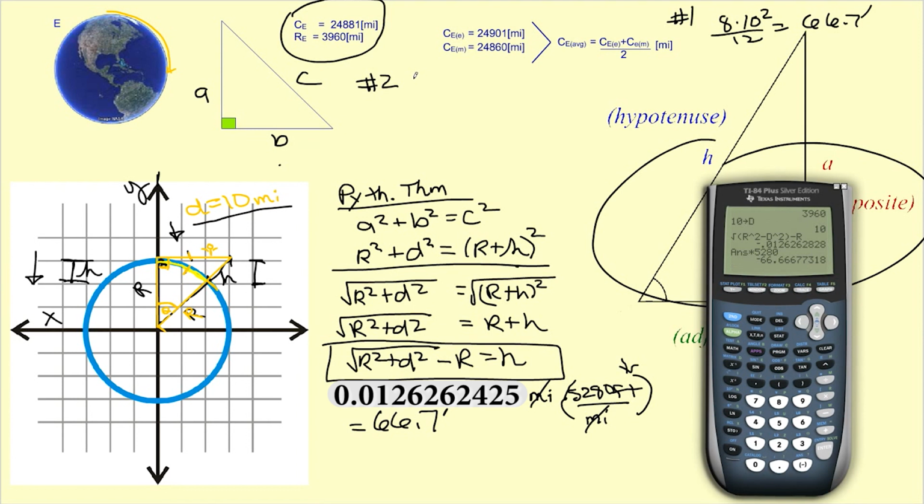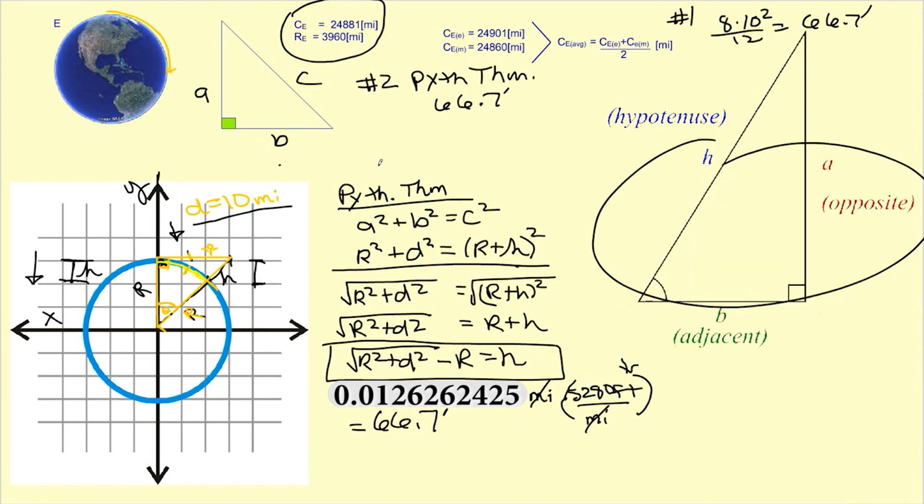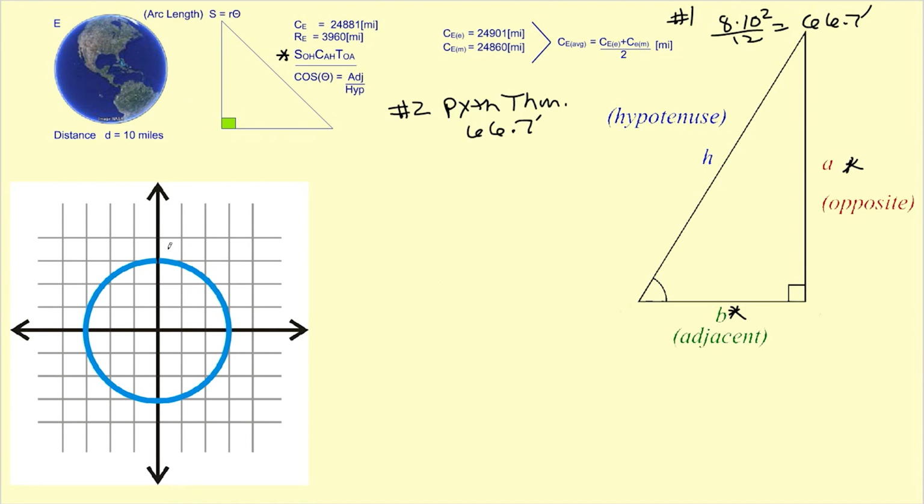Let's call number 2 the Pythagorean Theorem, 66.7 feet. Now let's go into method 3, and I call this the true method: trigonometry. That's going to be fun. Now, how does this work? Now we're going to draw a diagram that's a little bit different.